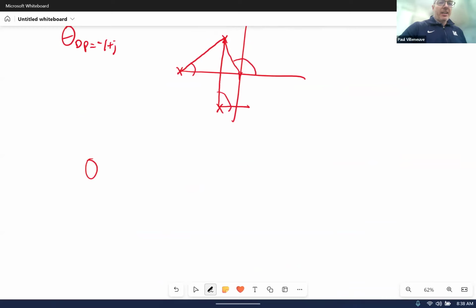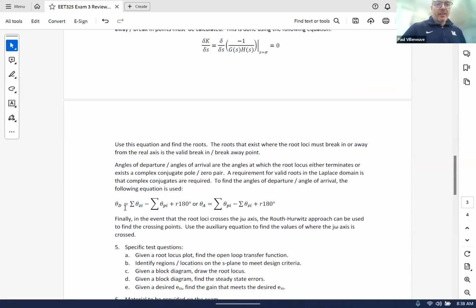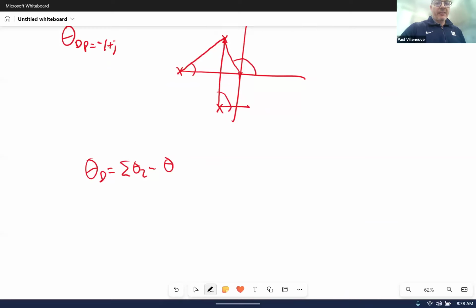So the angle of departure is equal to the sum of the theta z's minus, make sure I get that right, the sum of the theta p's, and then plus the 180 degrees. So the zeros part is equal to 0 because I have no zeros.